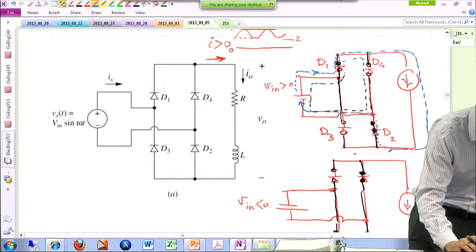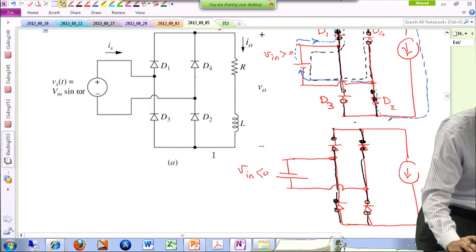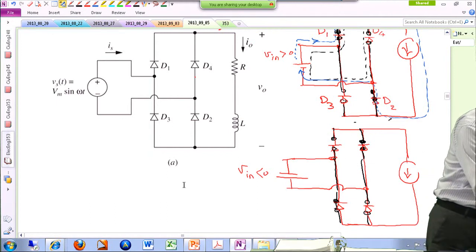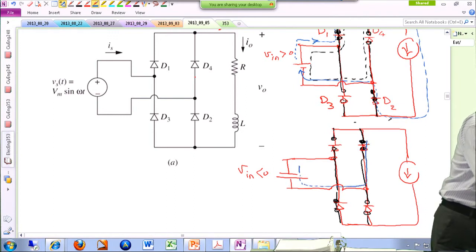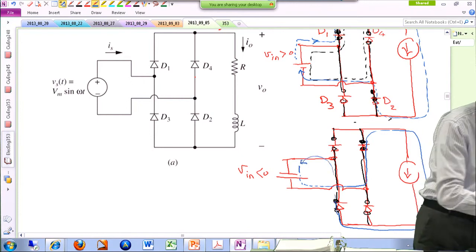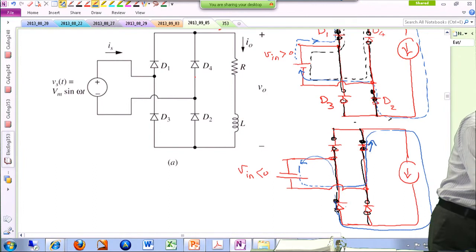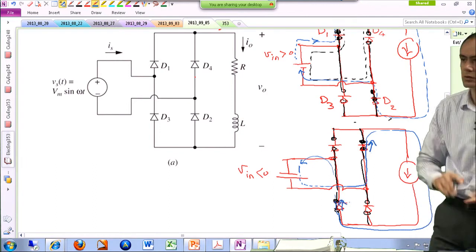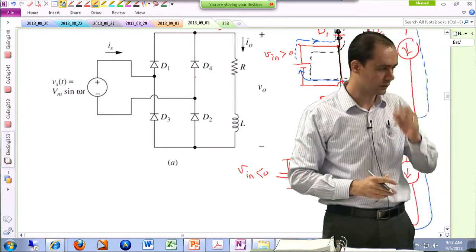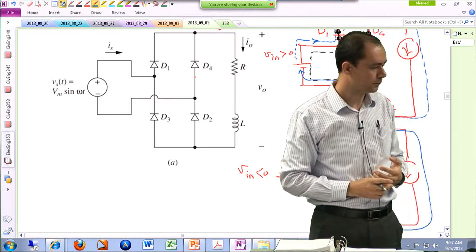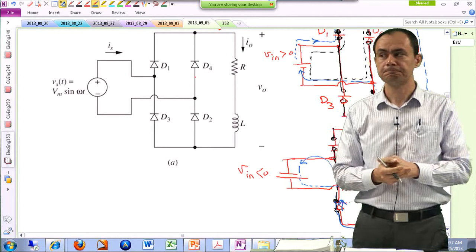In this case, the current is going to flow through, let me start it from here, D4, goes through the load, comes down to D3, and then goes up here and comes back. So a situation like this. It's like a twisted 8 kind of a thing. All right, that's it. So any questions?